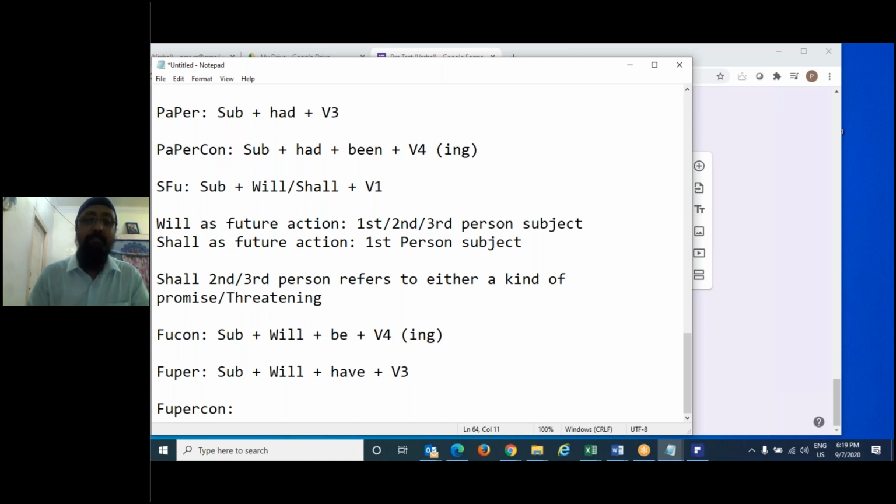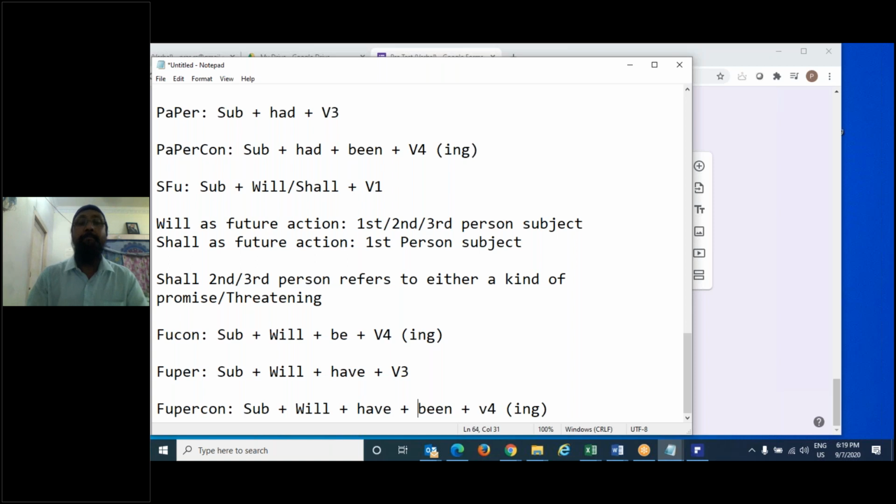For future perfect continuous, it is subject plus will plus have plus been plus V4. Again, the same ing form to be used if we are using any subject with will. And I'm so sorry, before been, there should be again have.